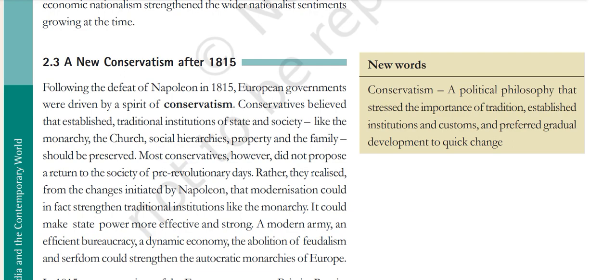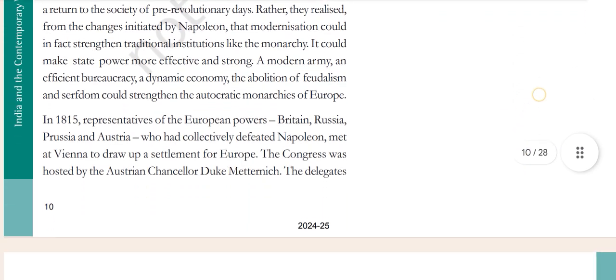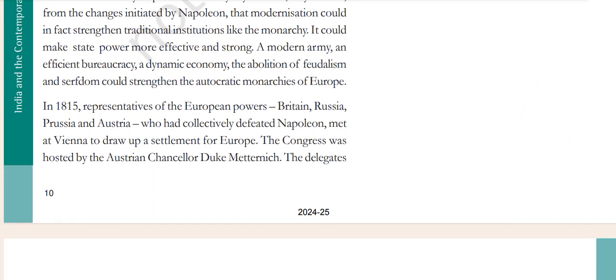A modern army, an efficient bureaucracy, a dynamic economy, the abolition of feudalism and serfdom could strengthen the autocratic monarchies of Europe. In 1815, representatives of the European powers, Britain, Russia, Prussia, and Austria, who had collectively defeated Napoleon, met at Vienna to draw up a settlement for Europe.